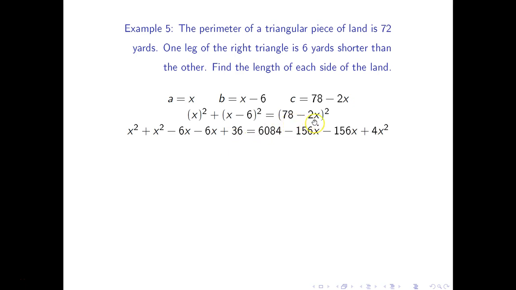Again, 78 minus 2x times 78 minus 2x, and I got all this. If I combine like terms, I get 2x squared minus 12x plus 36, and 6,084 minus 312x plus 4x squared. So that was just combining terms. That was a big ugly mess.